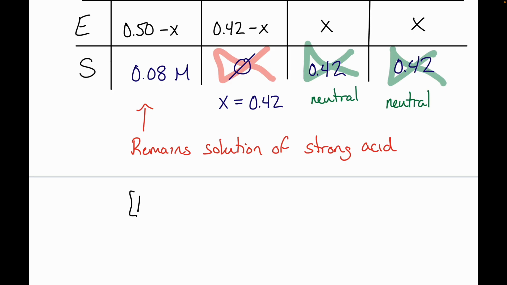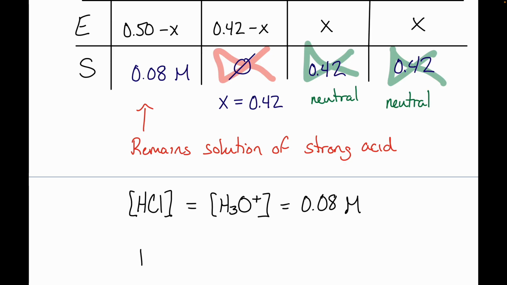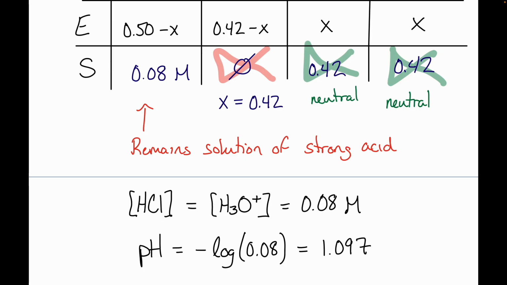So my concentration of my HCl is simply equal to the hydronium ion concentration. All of that HCl will dissociate. So in order to do the pH, I'm going to do the negative log of that 0.08 molar. When we're using our ice tables, I'm not going to be too strict about keeping track of sig figs. We're just going to say about 3 decimal places.